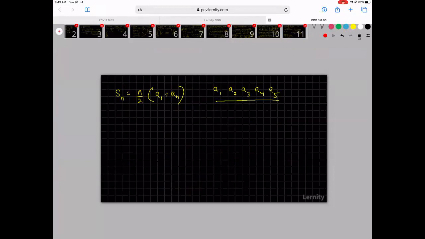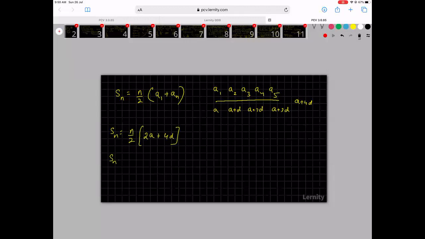So these will be A, A plus D, A plus 2D, A plus 3D, and A plus 4D. Okay. So these are the terms. If these are the terms, what will Sn become equal to? N by 2 into (2A plus (5 minus 1)4D).